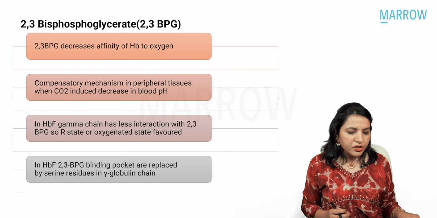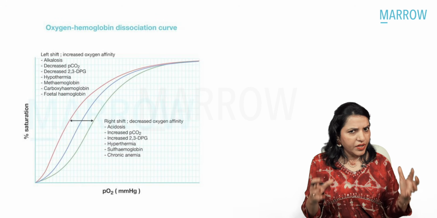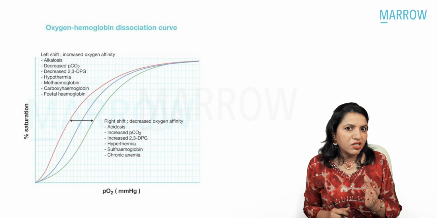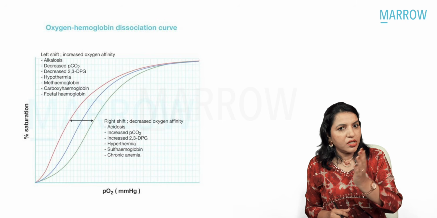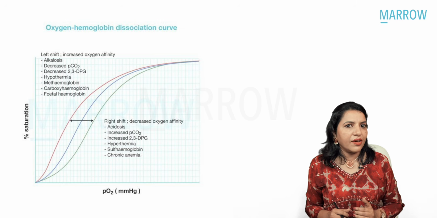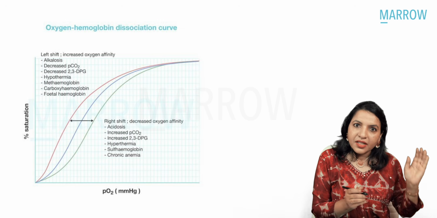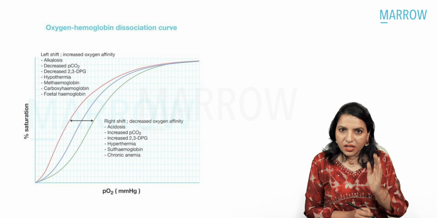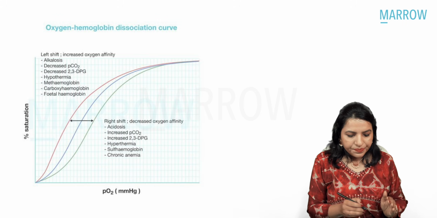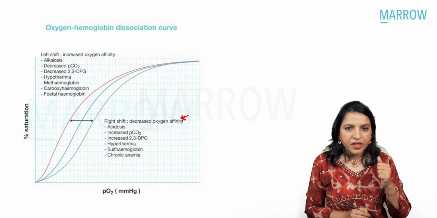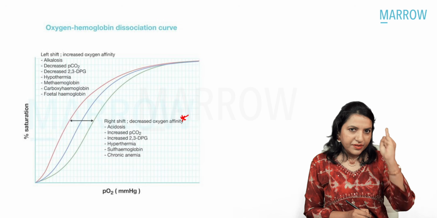Hope you got it. So in general, this is a very commonly asked question. We'll just go through the oxygen dissociation curve and the factors which increase as well as decrease the affinity of hemoglobin towards oxygen. What we have already seen is that the oxygen dissociation curve shifting to the right means it is decreasing the oxygen affinity. So what are the factors? Number one, acidosis.